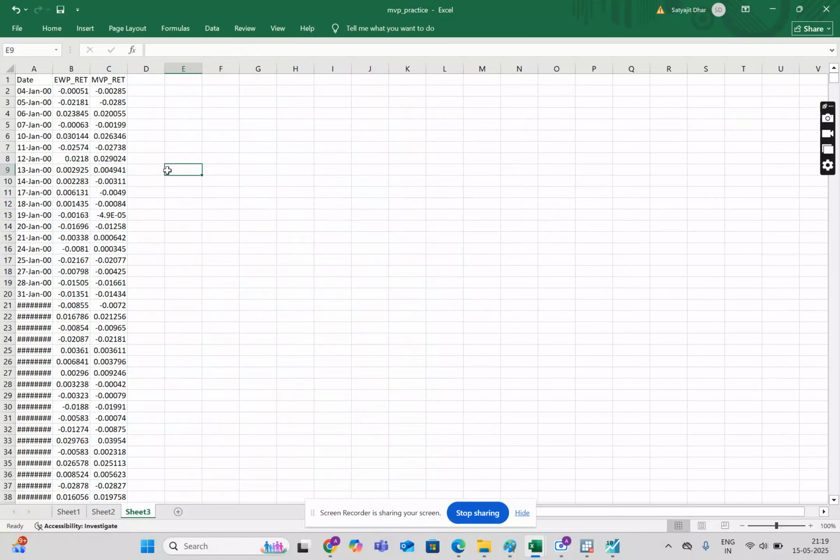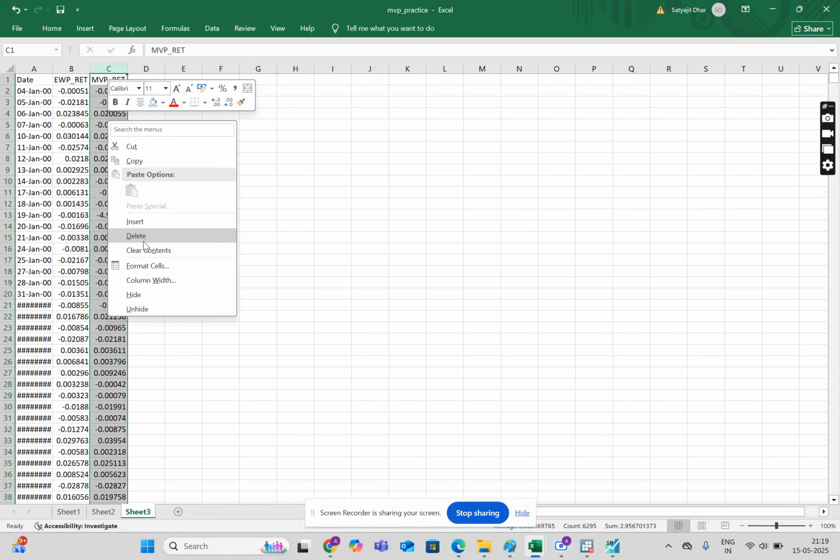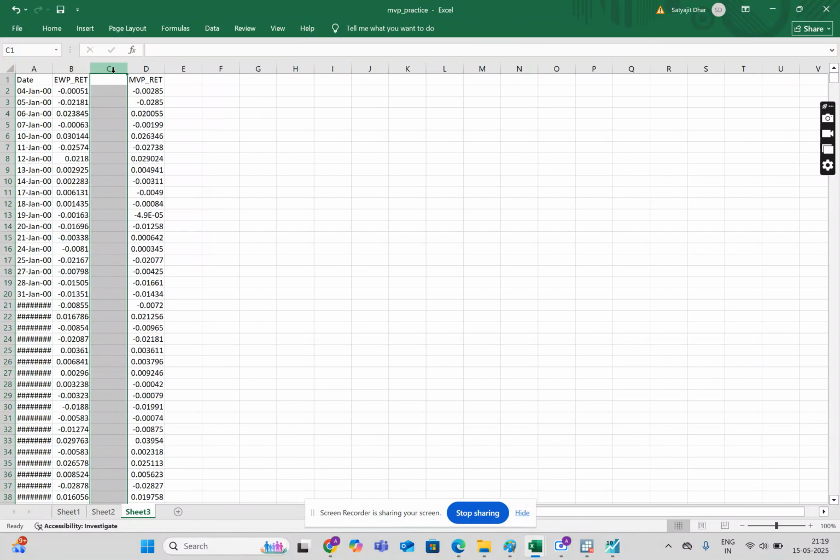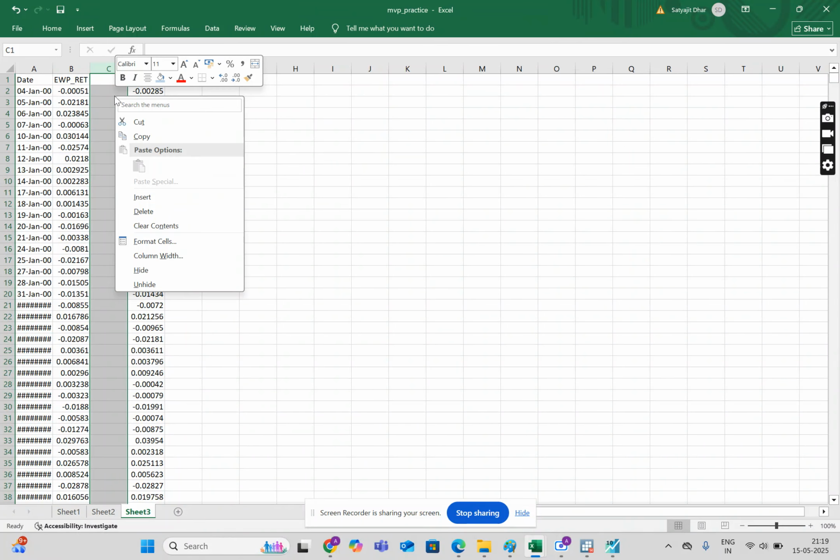So I've taken them into another sheet. Now I'll have to find the lowest of MVP return. Let us first find the expected shortfall of EWP. After that, we'll do it for MVP.